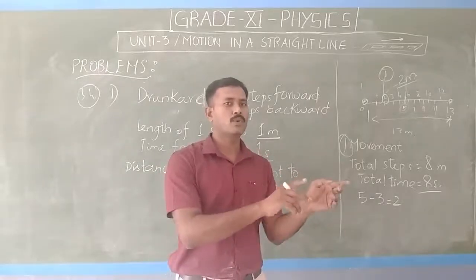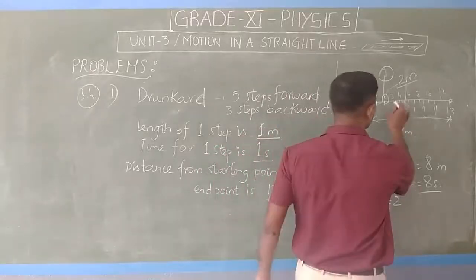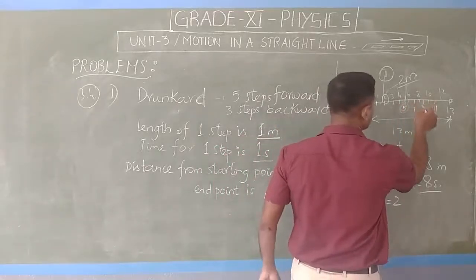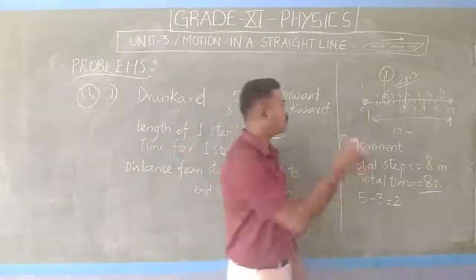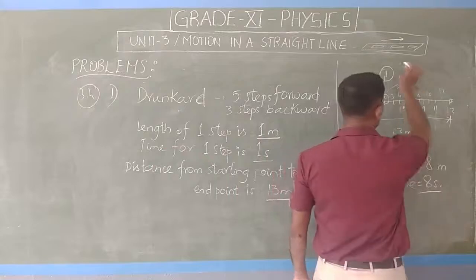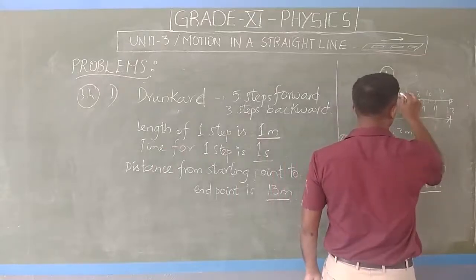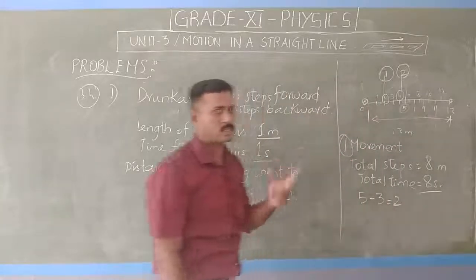From 2, I am taking another movement, where will I go? I will go 3, 4, 5, 6, 7, and I will come backward 3 points. From 7 to 3, 1, 2, 3. That is at 4 I will come. At 4, this is the second movement.